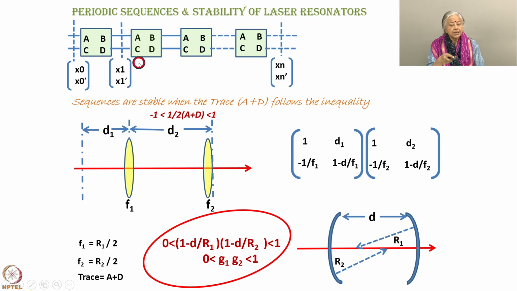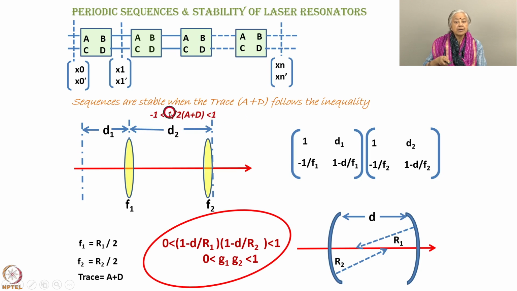Similarly, this becomes an input to the next set of optical elements, then again you have an output, and so it goes on until the ray has crossed the nth optical element and you get xn and xn dash. Now, these sequences are stable when the trace A plus D follows the inequality -1 is less than half A plus D less than 1.